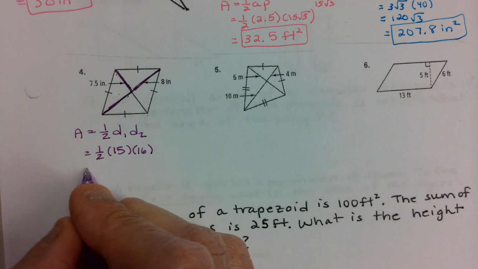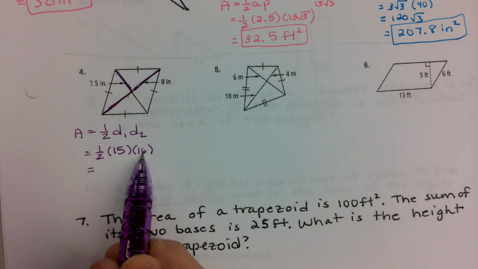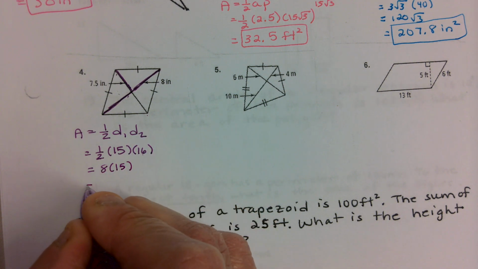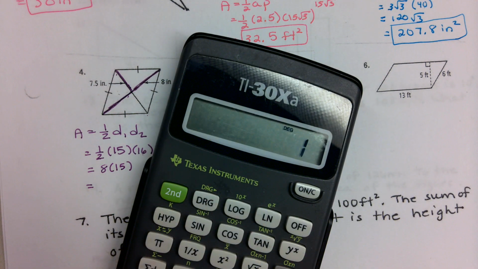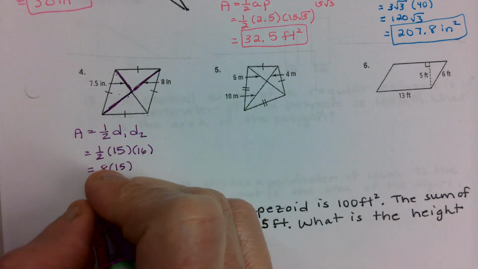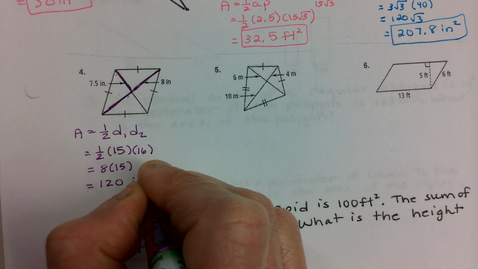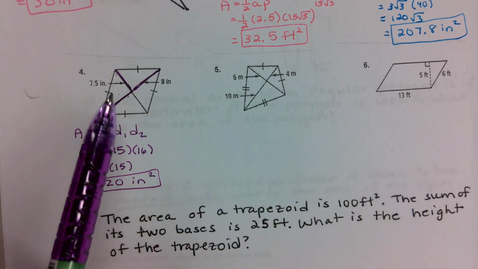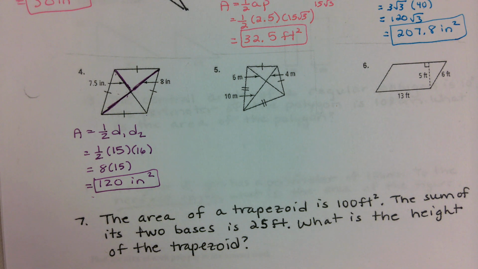Okay, so we're going to multiply this out, but first I want to simplify, because I can do a half of 16 real easy, and that's 8. And then I just have one calculation, which is 8 times 15, which a lot of you might know already, is 120 inches squared. Okay, so again, I'll clarify on the test what's what with these silly arrows.